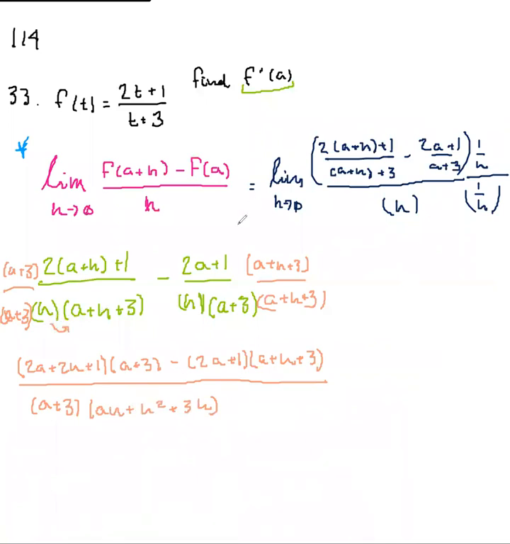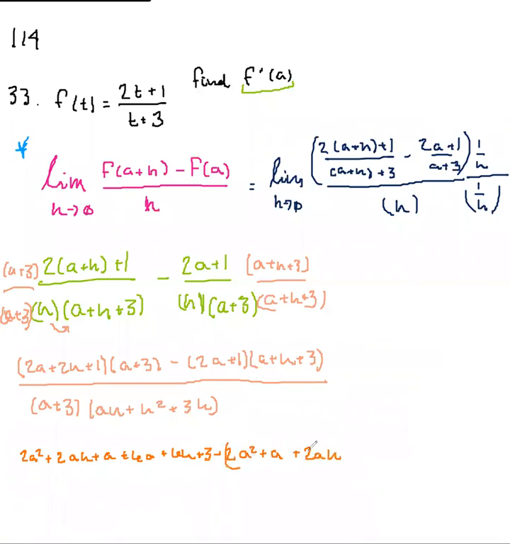And then I need to start distributing some more. So my next step, I'm going to say that this is going to be 2a squared plus 2ah plus a plus 6a plus 6h plus 3 minus 2a squared plus a plus 2ah.